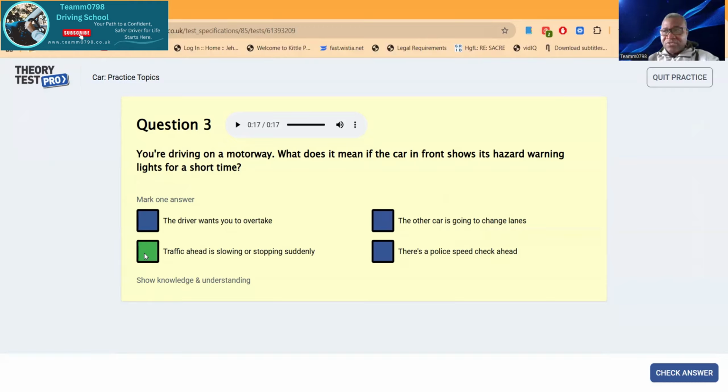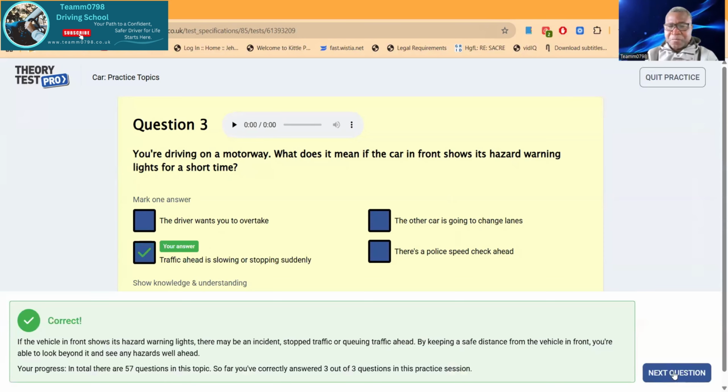So when someone is driving and puts on the hazard lights on the motorway, it means the speed ahead is reducing drastically. It's something that you may not be aware of. So therefore, you need to be proactive in responding to the hazard lights. So the correct answer is traffic ahead is slowing or stopping suddenly. So they are trying to warn you of the danger ahead.